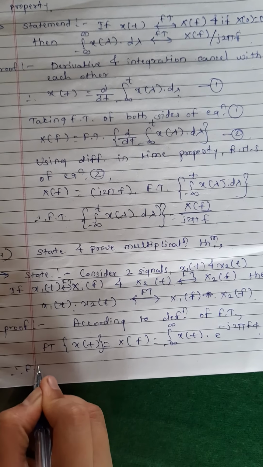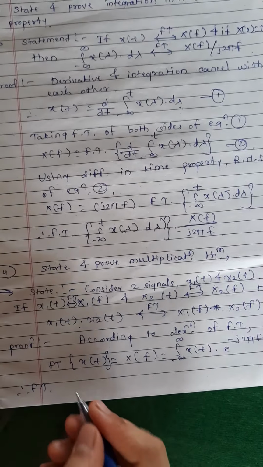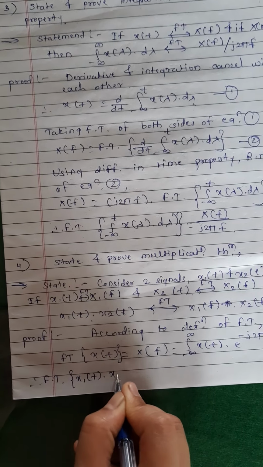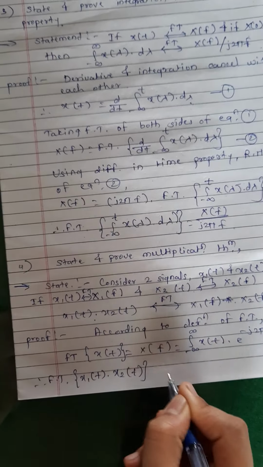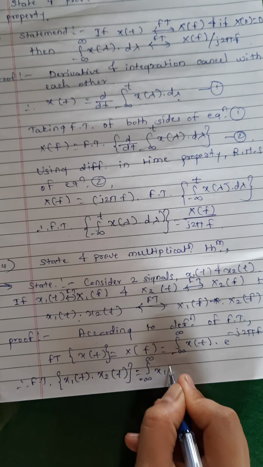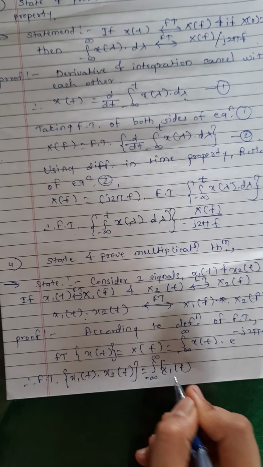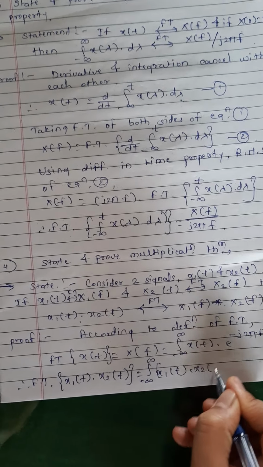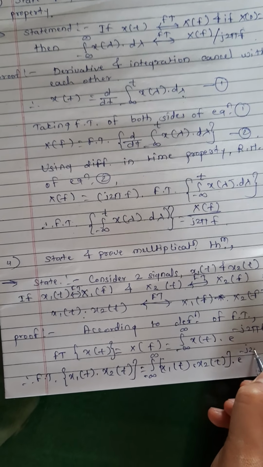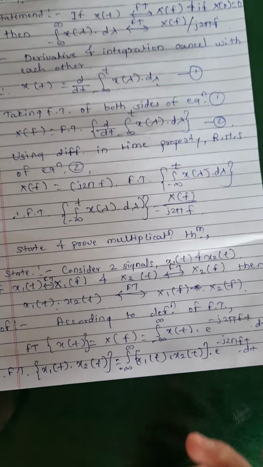Therefore, Fourier transform of x1(t) into x2(t) is integration minus infinity to infinity x1(t) into x2(t) into e raised to minus j2 pi ft dt. This is equation number 1.